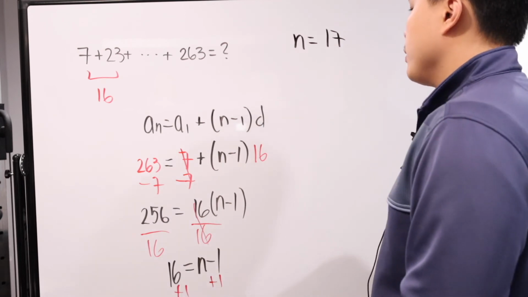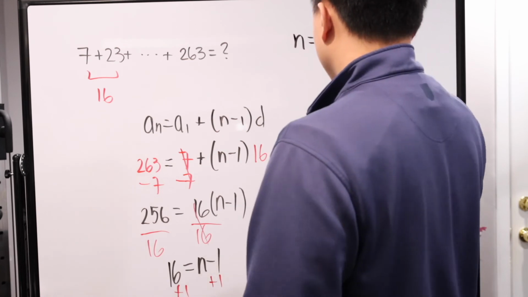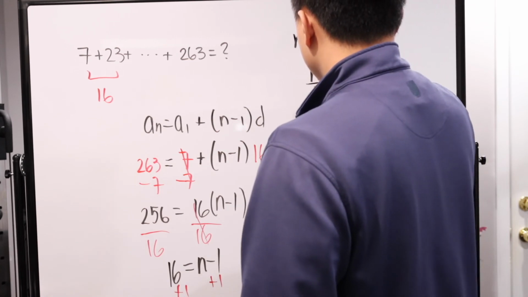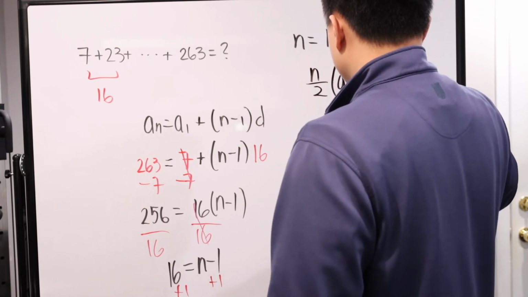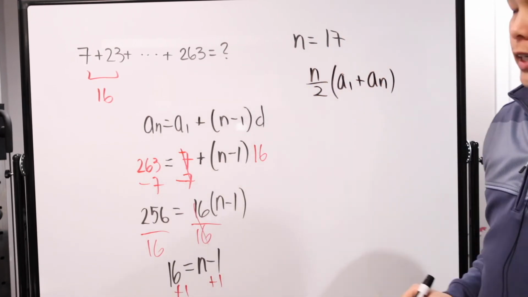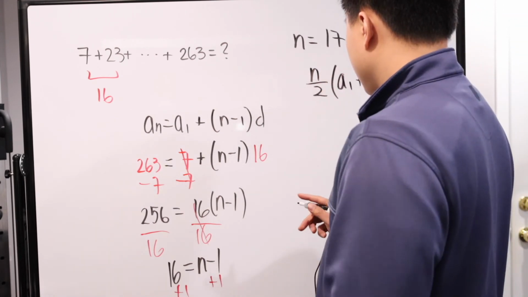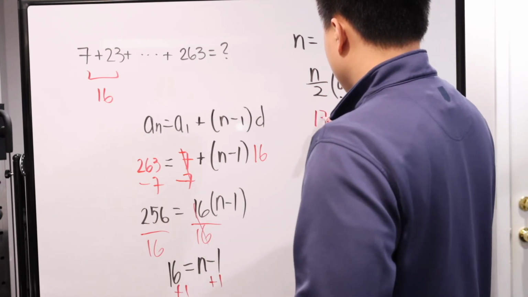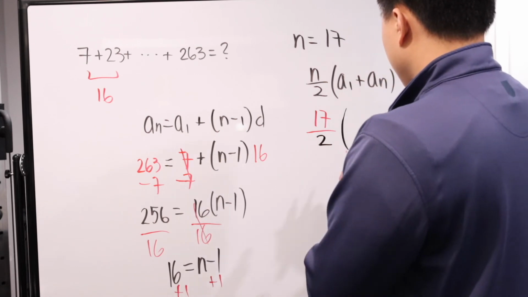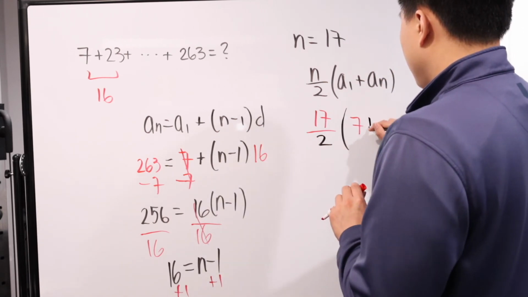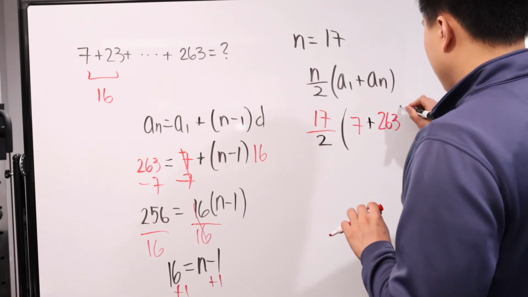Okay, cool. Now, we can actually use the quote-unquote formula. Remember that the sum of all this is just going to be n divided by 2 times a sub 1 plus a sub n, or the first and last term. Well, let's see. We know that n is going to be 17. Now it's just going to be 17 over 2 times a sub 1, which is 7, plus a sub n, 263. Excellent, we're getting somewhere.